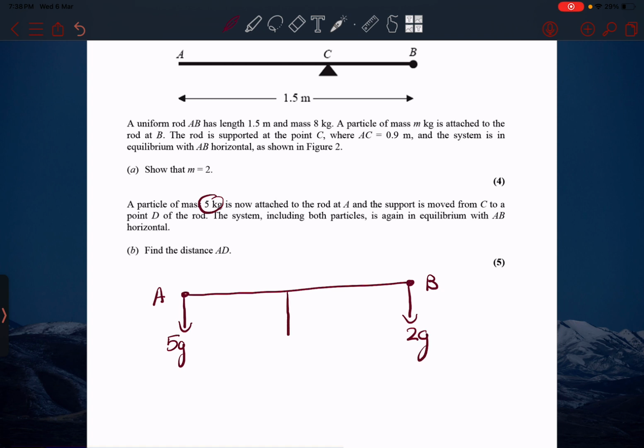It is still the uniform rod, meaning in the middle you have 8g. So this is 0.75, this is also 0.75.